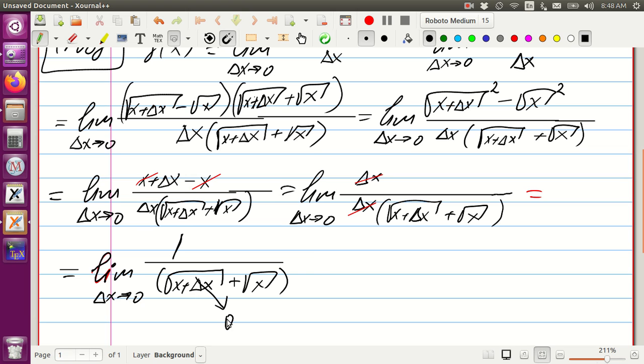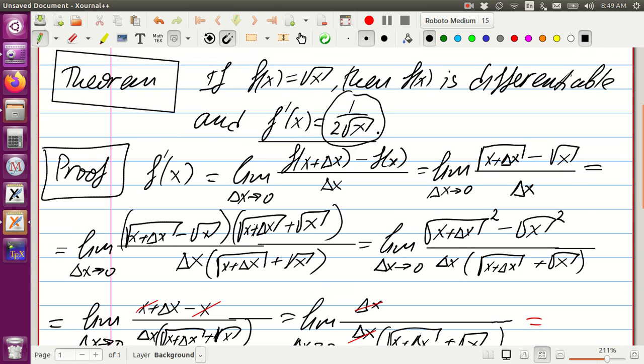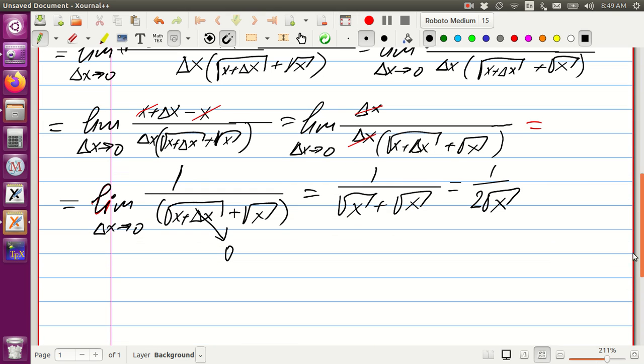This term goes to 0. So we have 1 over square root of x plus the square root of x. So we're done with the limit. The only thing left is to add up these two square roots. So we're going to get 2 square root of x. Let's see if that's the same as what we wanted. Yes, that's exactly what we wanted. So we're done. So check mark.